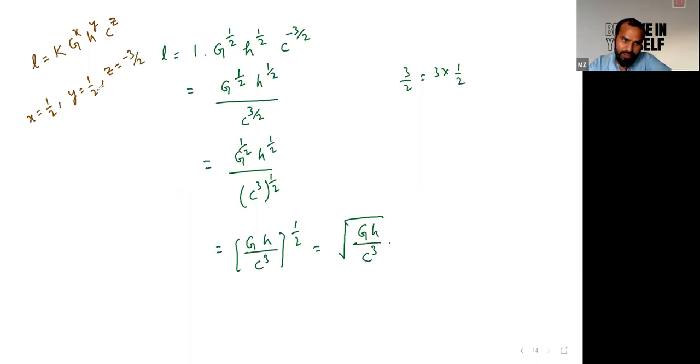So I put all these values in this expression. Now, since C has a negative power, on switching any term from numerator to denominator or denominator to numerator, its exponent changes sign. That's why I brought this term to the denominator, to make the exponent positive.